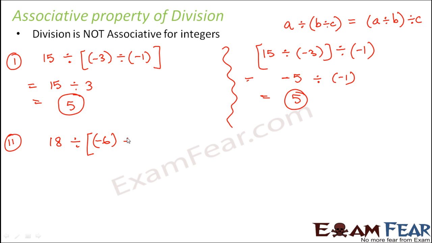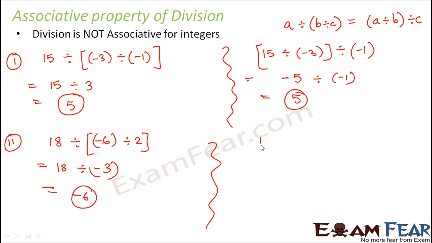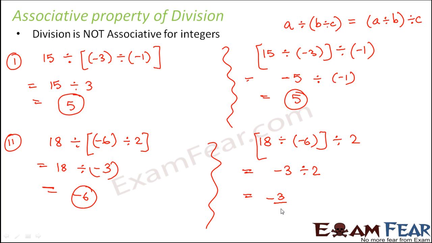(18 divided by minus 6) divided by 2. This is 18 divided by minus 3, and this is equal to minus 6. Now let's solve the right hand side for this, which is 18 divided by (minus 6 divided by 2). So this is 18 divided by minus 3, which is equal to minus 6. Wait, let me restate: the left side gives minus 3 divided by 2, which is equal to minus 3 by 2.